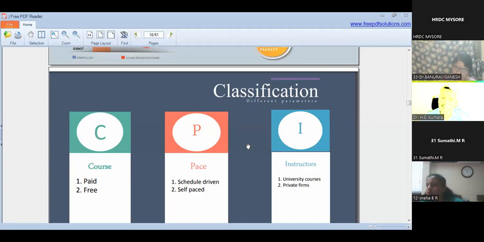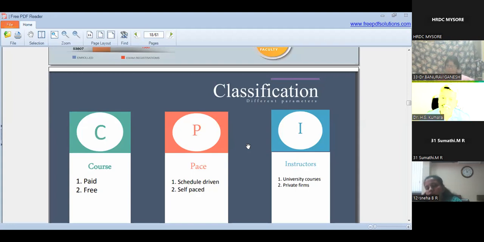Prior to January, they release the subjects, and in January enrollment starts. They allow about one month, up to February, for enrollment and other things. Similarly, in June they release the subjects, then in July enrollment starts, and they give until August as an extension for registration. This is what we call schedule driven courses.